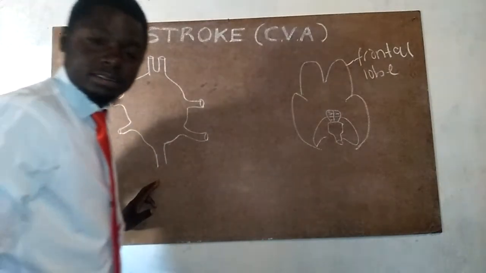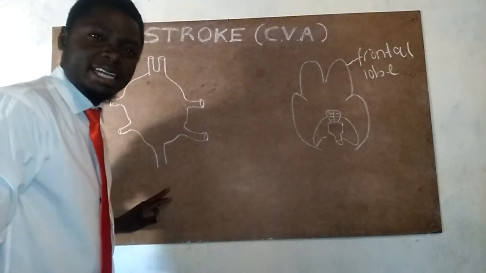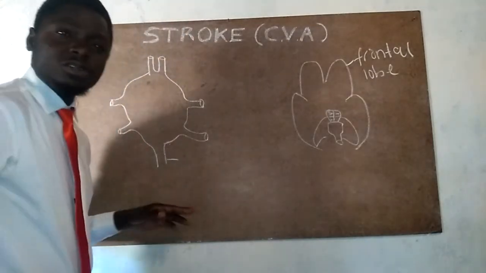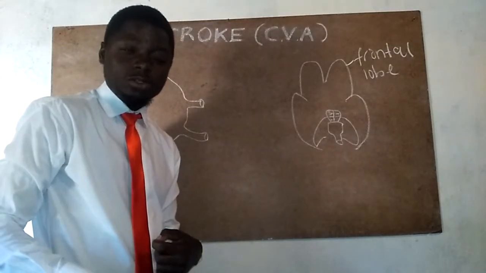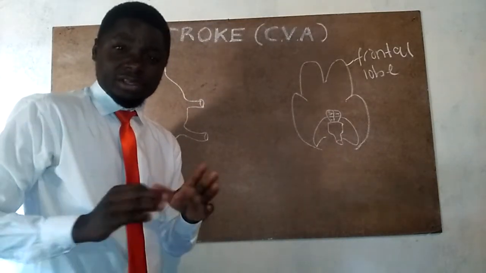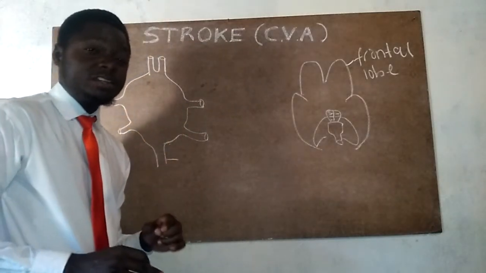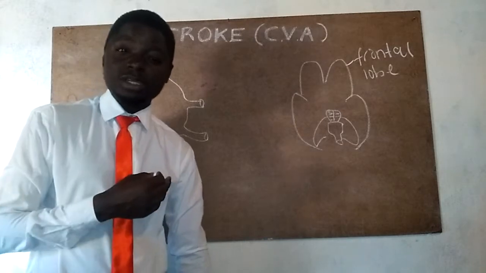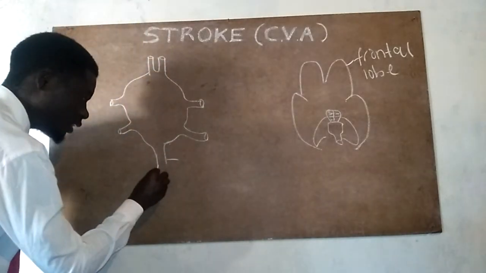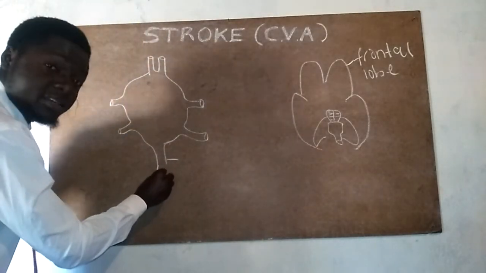And this artery is the basilar artery. It goes down from the brain towards the spinal cord to meet with the vertebral arteries. There are two vertebral arteries. One comes from the left subclavian artery, and the other one comes from the right subclavian artery. So they join at the level of the spinal cord.